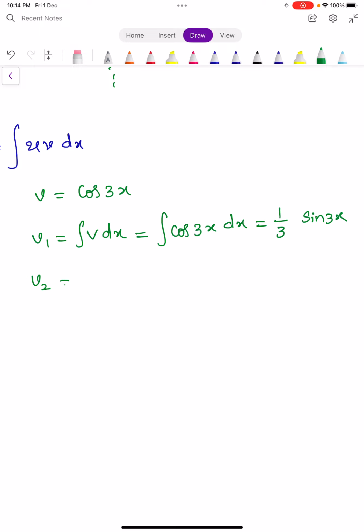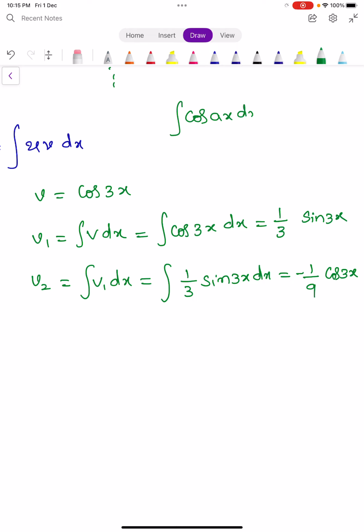Now v2 is integral v1 dx. It is equals to integral 1 by 3 sine 3x dx, which is minus 1 by 9 cos 3x. Everybody knows integral cos ax dx is equals to 1 by a sine ax.